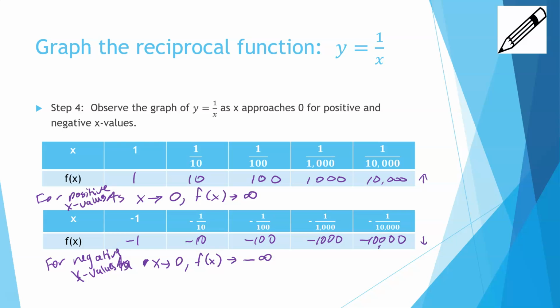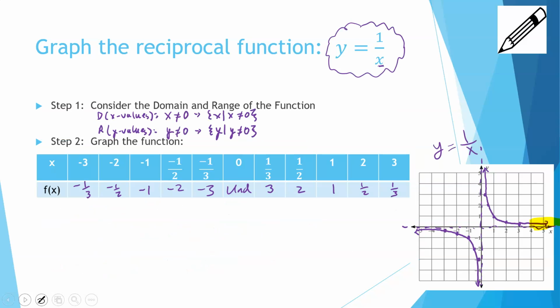Okay, so what that's talking about, if I go back to the graph, we said as x approaches 0 from the positives, that's these, right? As it's getting closer to 0, it's going up forever, so up to positive infinity. And as x approaches 0 on the negative side, you can see that that part goes down forever. So those are the two parts we're talking about when we look at the graph.